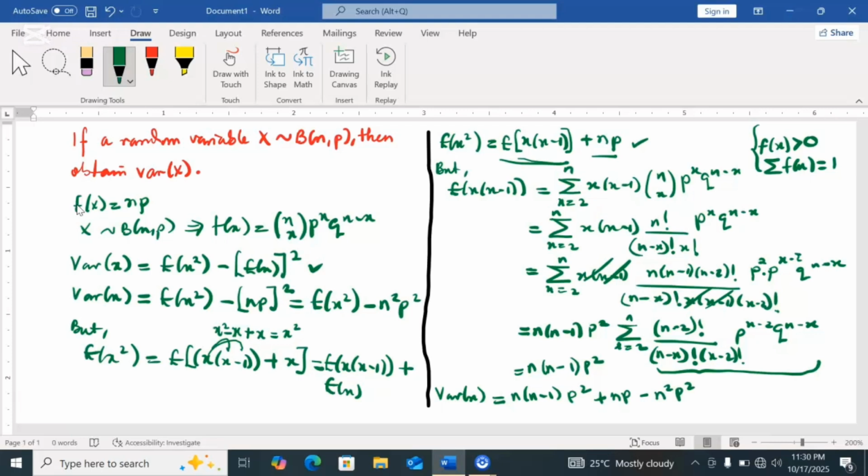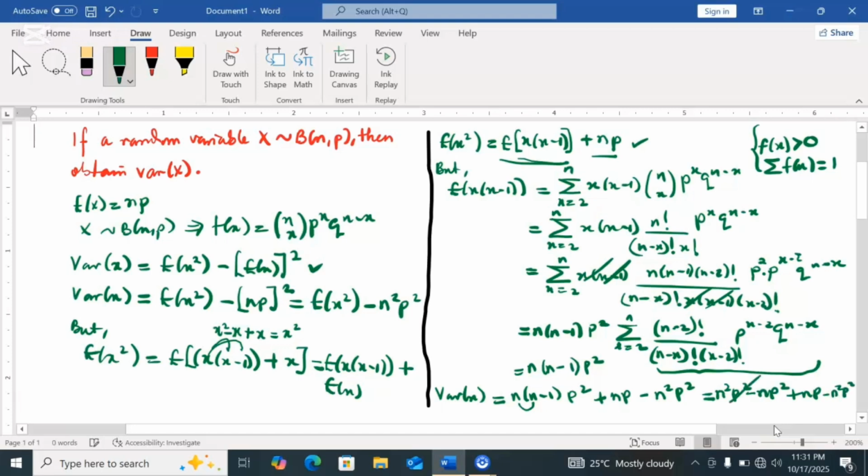Okay, so the next will be to expand n times n minus 1 times p squared, which when expanded will give you n squared p squared. When n multiplies minus 1 and then multiplies p squared, you end up having minus np squared, then bring in np and bring in minus n squared p squared.